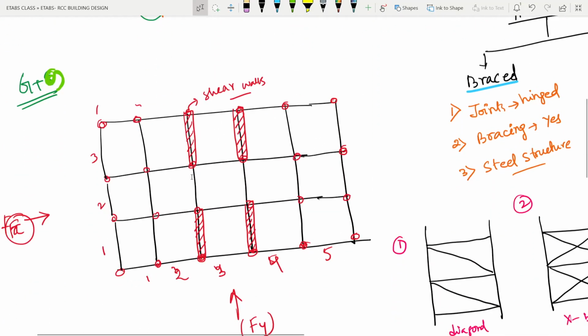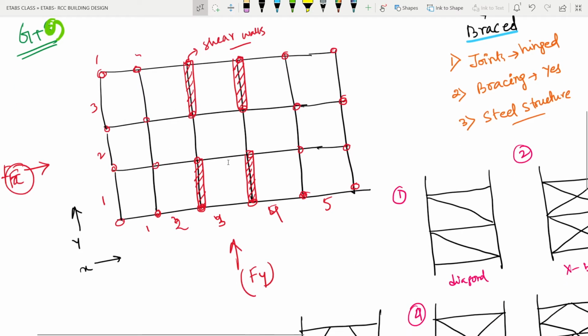Now here, as the y-axis is weaker, the x-axis is pretty good at resisting the lateral force. These columns, these frames 1, 2, 3, 4, the whole frame from here to here, this is a frame, this is a frame. These 4 frames are capable of taking the force coming from the x direction.